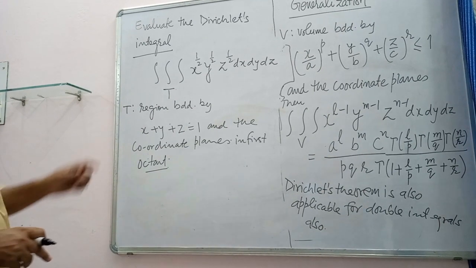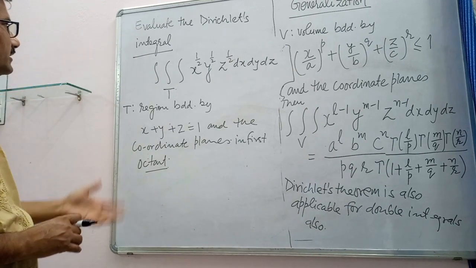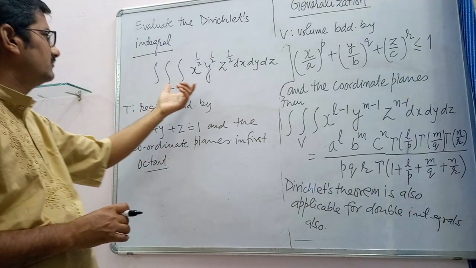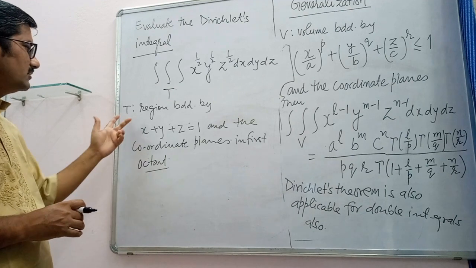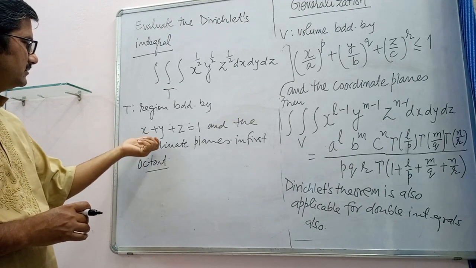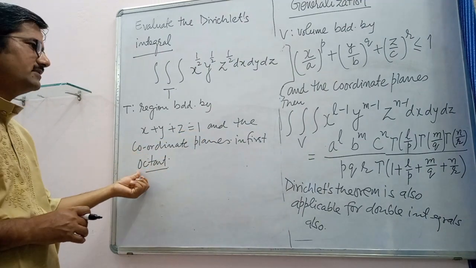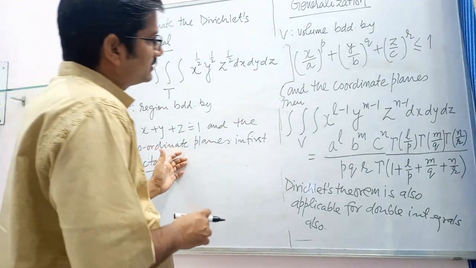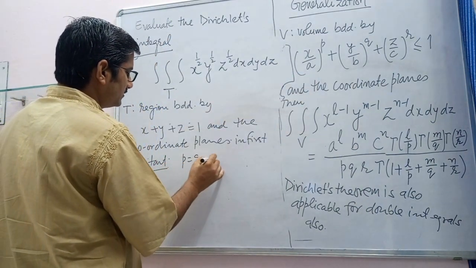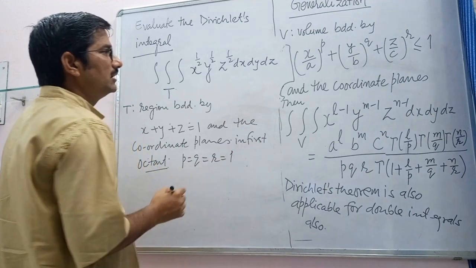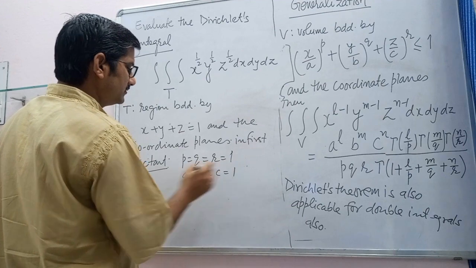So friends, it is the next application of the Dirichlet integral. Suppose we have to find the value of this triple integration over the region bounded by the plane x plus y plus z is equal to 1 and the coordinate planes in the first octant. So comparing this surface with this one, we will have p equal to q equal to r equal to 1, and each of a, b, c is also 1.